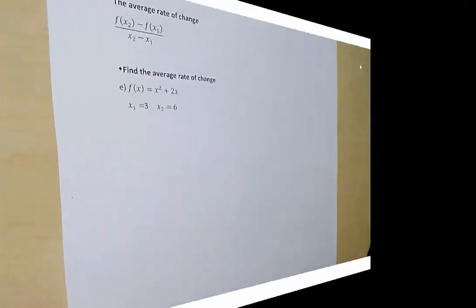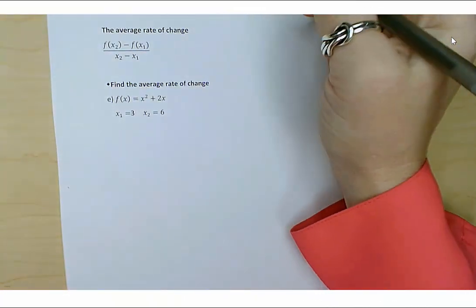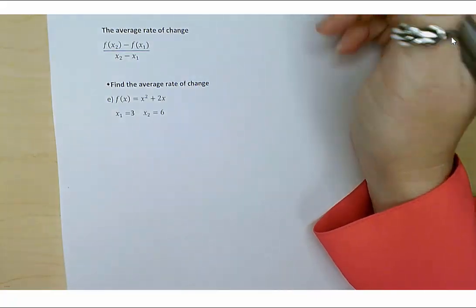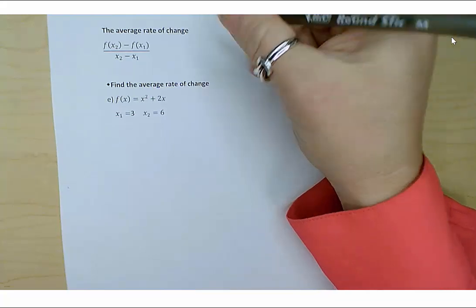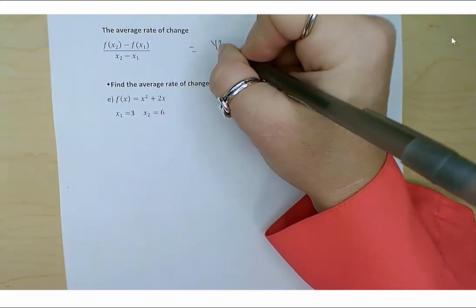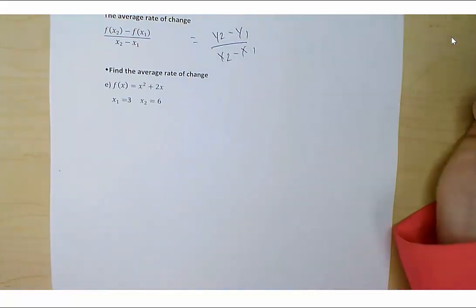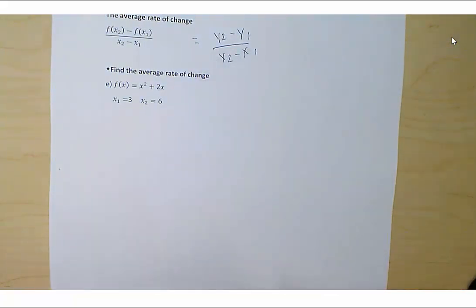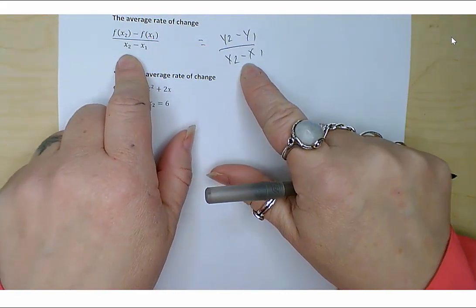Last thing in this video is going over the average rate of change. The average rate of change talks about the change in slope from one given point to another. Essentially, this is the slope formula. The slope formula is y2 minus y1 over x2 minus x1. If we compare, our denominators are definitely the same.